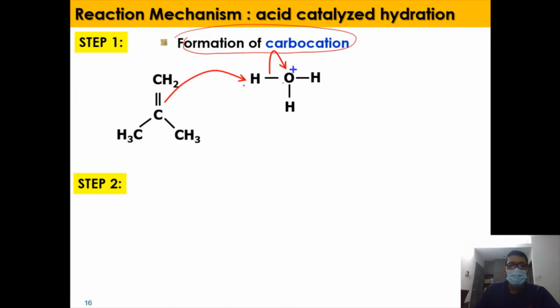Okay, so the hydrogen is going to be attached at this carbon, because this carbon contains more hydrogen atoms. So it's going to be CH3 here, and this is going to produce a carbocation, which is a tertiary carbocation, and this is going to produce water.